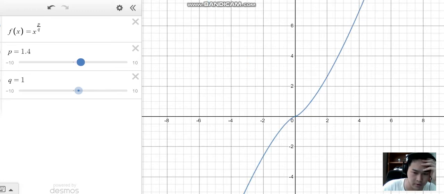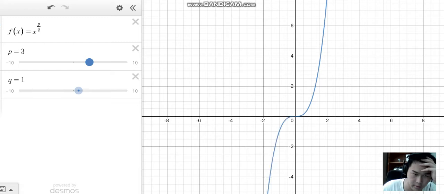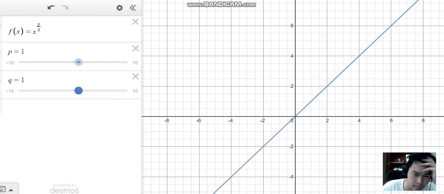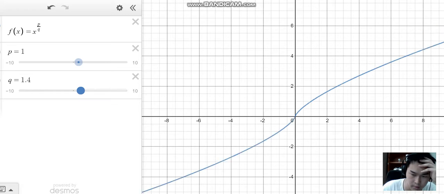You can get some really interesting values in the functions. Squared, kind of looking a bit like a cubic already. It also shows that for certain values you're not going to have a negative aspect to it. That's if p is greater than q, and if q is greater than p, the graph is splitting in half here.